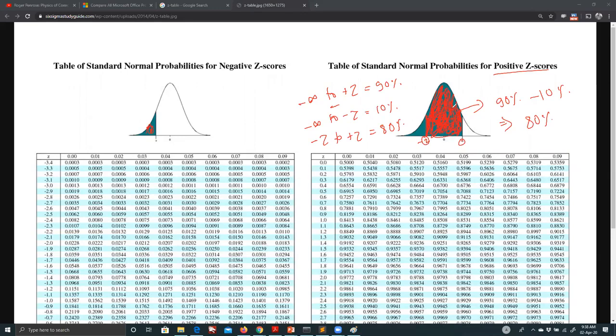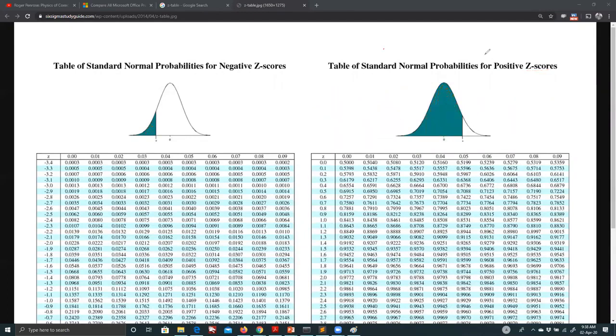Again, there are standard tables, but if you had to do it from this table itself, then earlier we got the value for 80% as 0.84, and minus it with this negative.